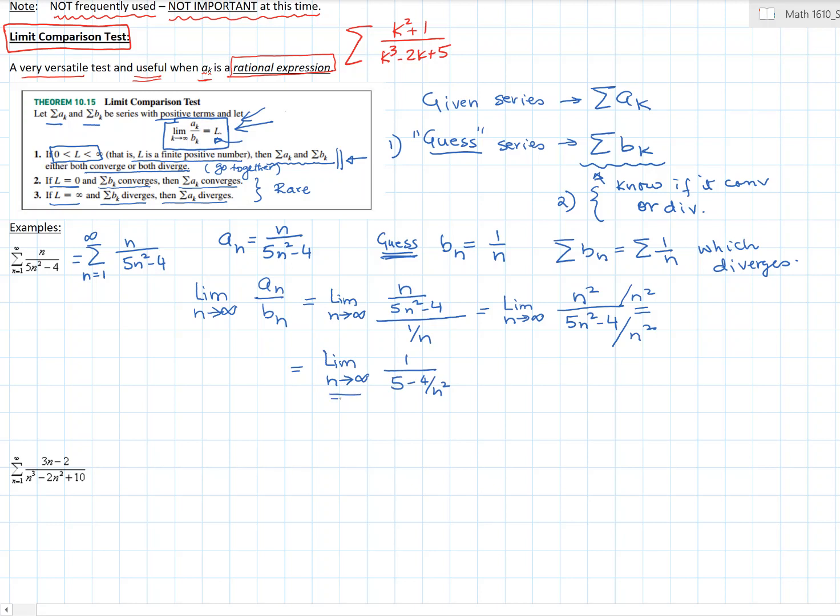Now as n goes to infinity, this goes to 1 over (5 minus 0), which is 1/5. So this is my L. And clearly L, which is 1/5, is between 0 and infinity. So that's good.